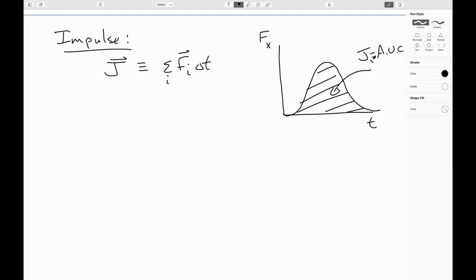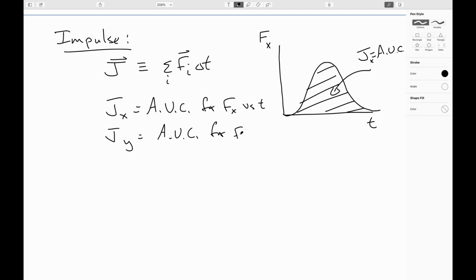In this case, this would be the x component of the impulse. Then to get the y component of the impulse, you would do this by plotting Fy versus t and so forth. So Jx is the area under the curve for the Fx versus t graph. Jy would be the area under the curve for an Fy versus t graph.